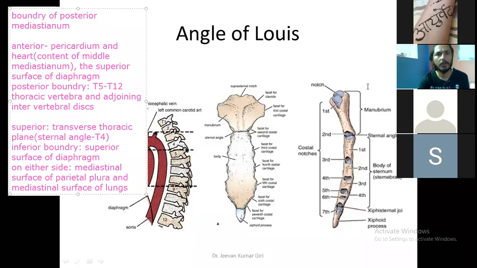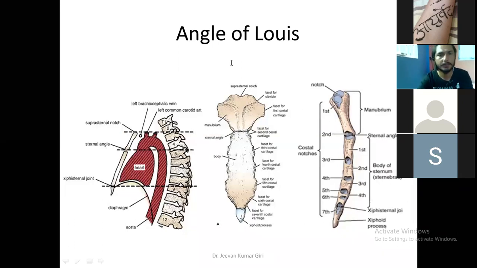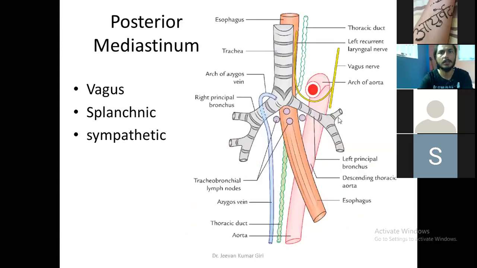Now we'll go for the contents. What are the contents? What may be the contents? Now we'll see the picture here. See, these are all the contents of the posterior mediastinum.